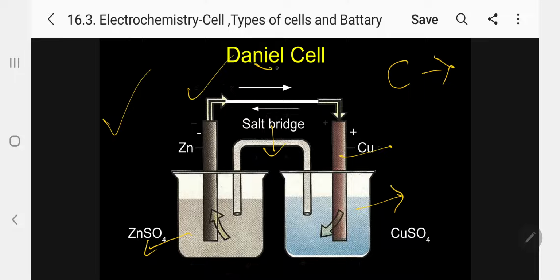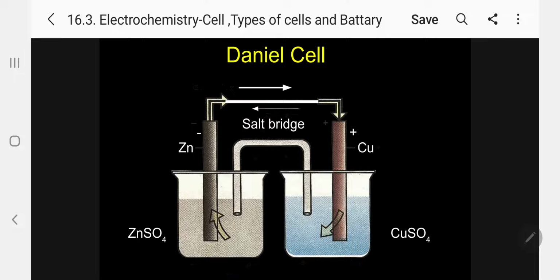This is the arrow indicating. Electrons flow from zinc to copper. Kindly follow. This is the flow of electrons. Whereas the people of physics will say current passes from copper to zinc. Kindly follow. So we are not worrying about the current, we are worrying only about the flow of electrons.